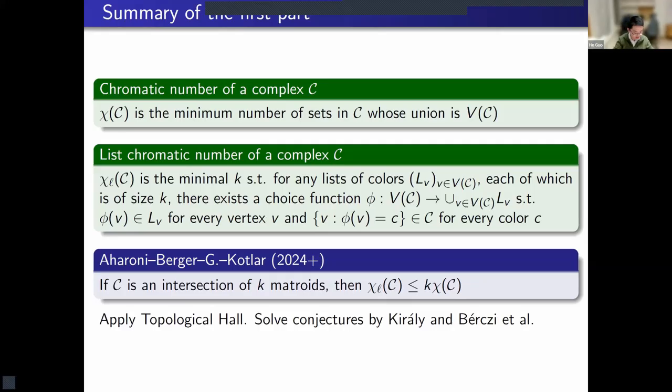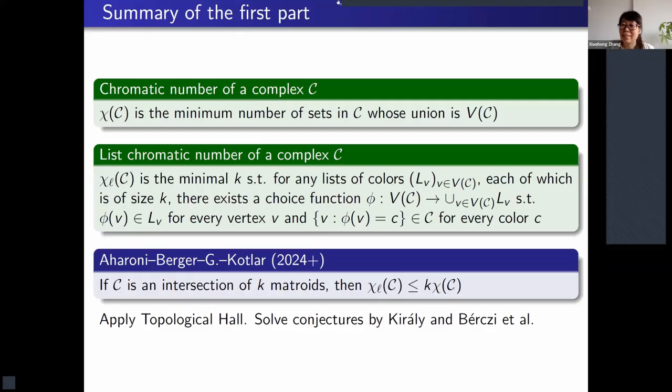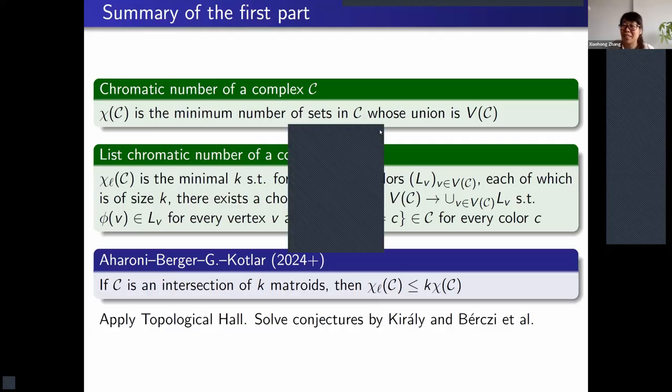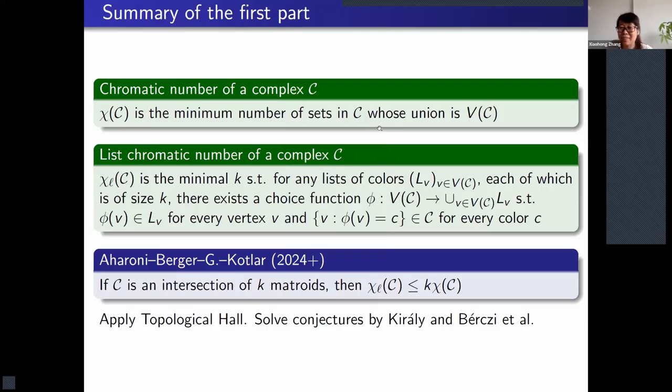Is there any question? Thank you for the nice talk. It might be a silly question. You were talking about the join of a matroid. Do people study the chromatic number of the join, or the list chromatic number?